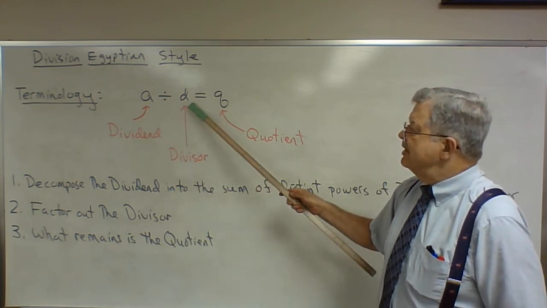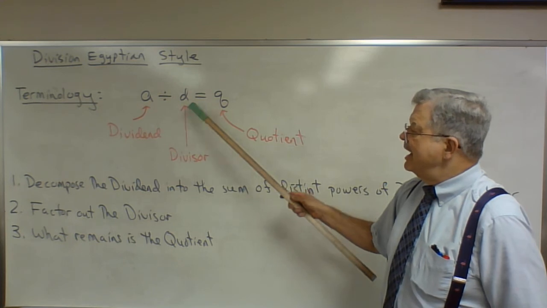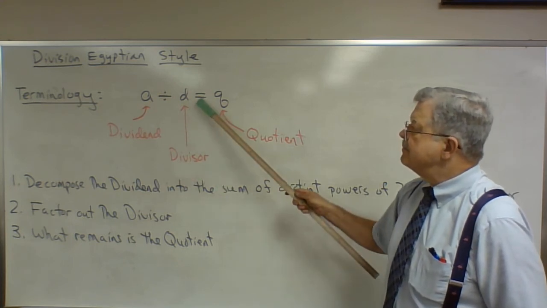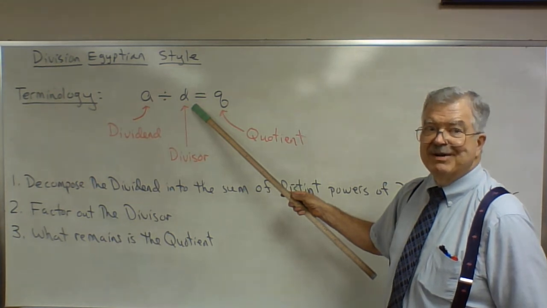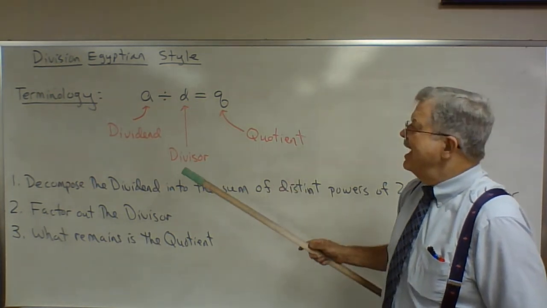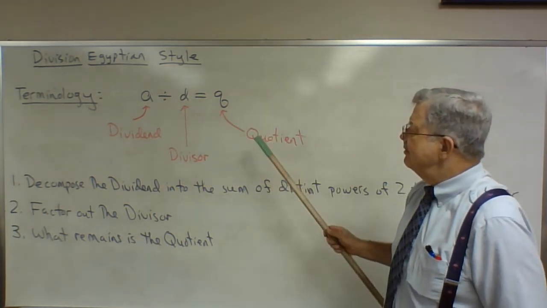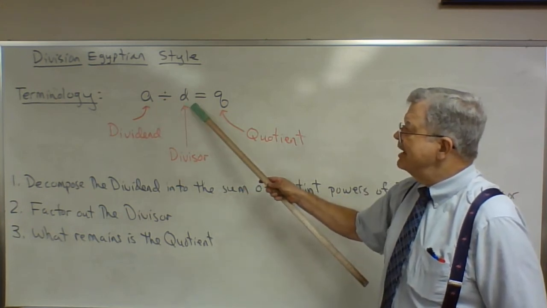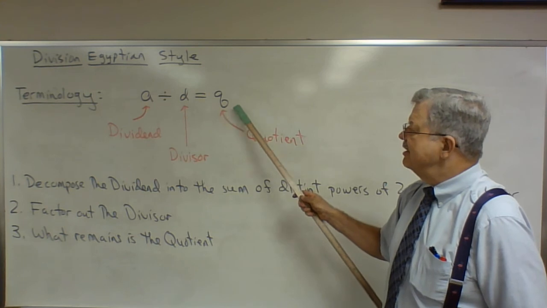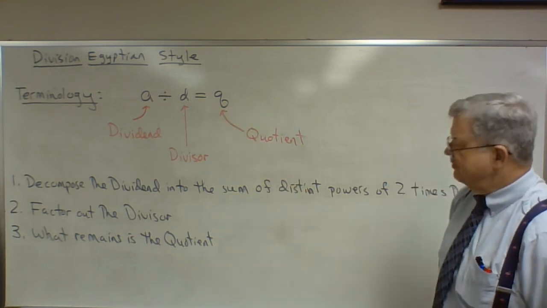The number that the dividend is divided by is the divisor. D for divisor. Pretty clever, huh? And the result is the quotient. The dividend divided by the divisor gives us the quotient.